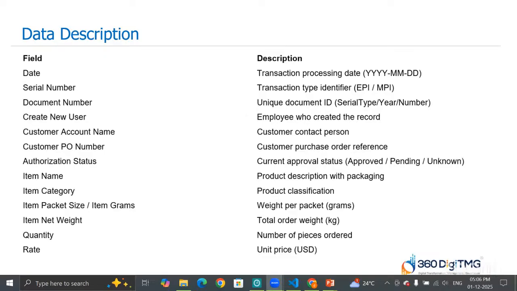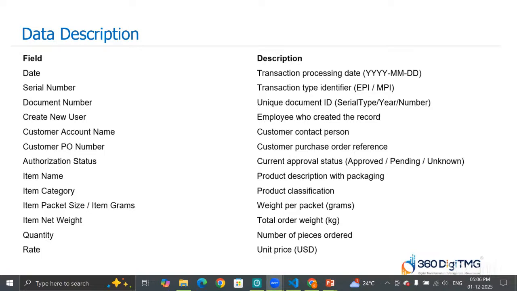We use date, when that particular transaction happened, serial number, which identifies the type of the transaction, document number, a unique ID for tracking purposes, create new user, the employee who created the entry, customer account name, the customer making the purchase, customer PO number, the purchase order identifier, authorization status, that is the target variable: approved, pending, or unknown, and then item name, the name of the snack item.